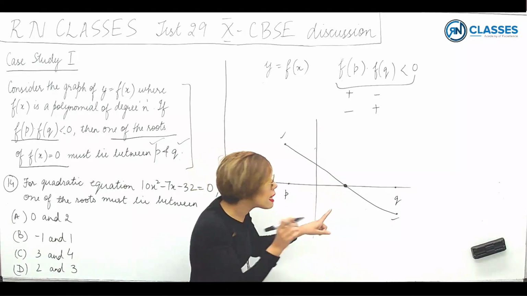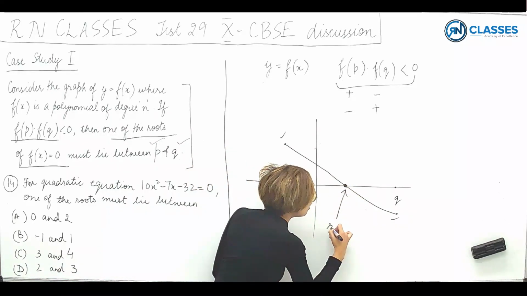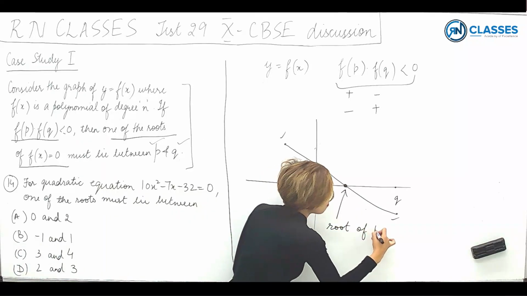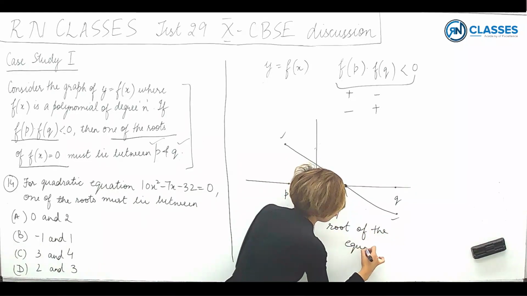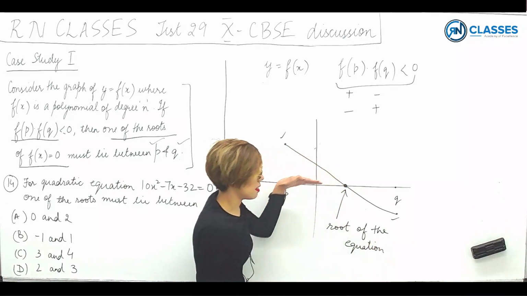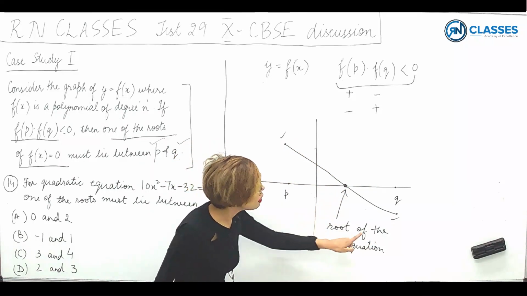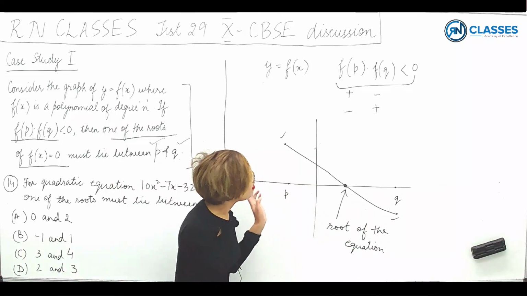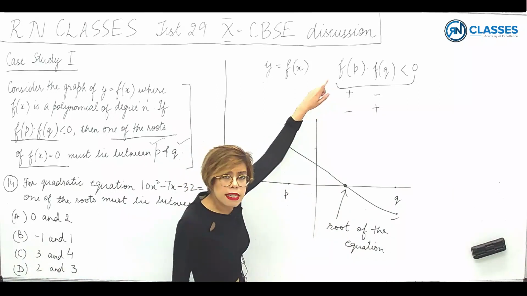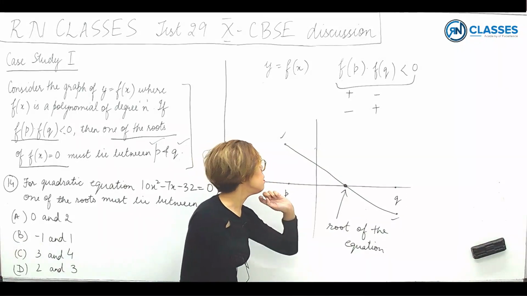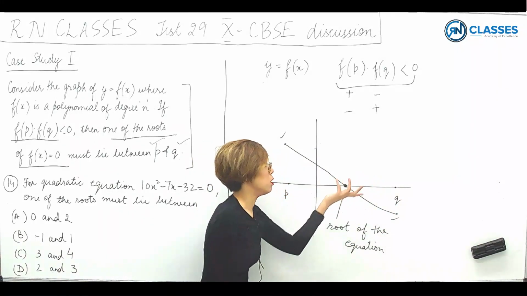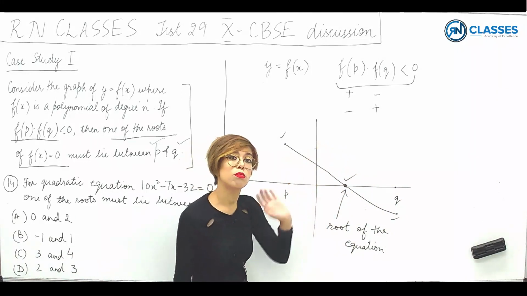In fact, I can say that this will represent the root of the equation, the point of intersection with the x-axis. That will denote either the zero of the polynomial or the root of the equation. Now tell me, if this is the case, does one of the roots lie between p and q? Absolutely yes, lying between p and q.